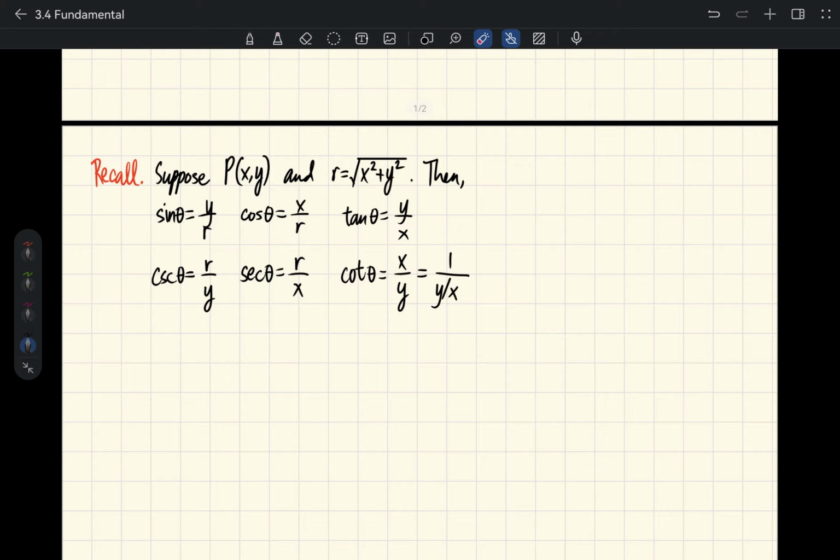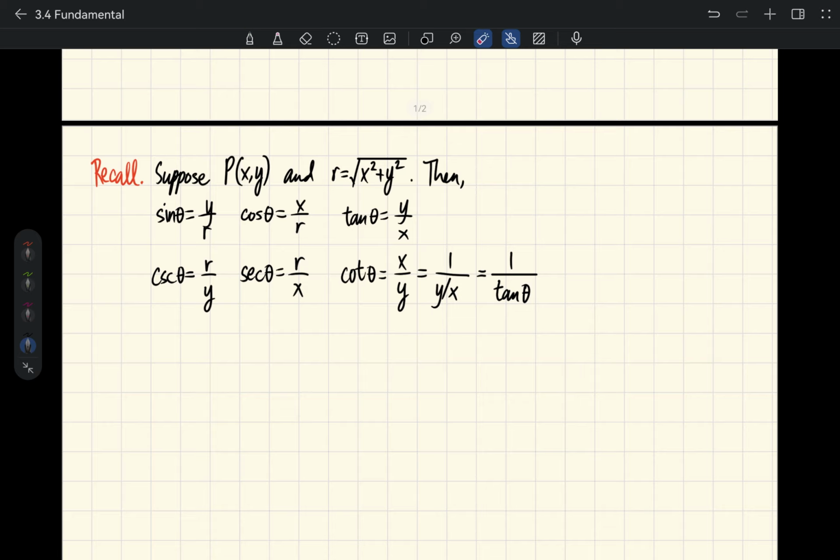But by definition, the one in the denominator is tangent theta. So we have right here that cotangent theta is equal to 1 over tangent theta.